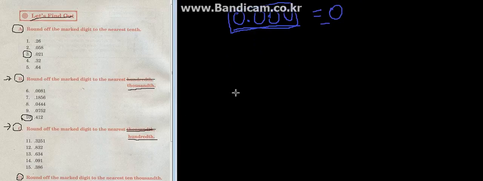For number 10, we have 412 thousandths, and we have to round off to the nearest thousandth. So at the thousandths place, we have a 2. So 2 will be the marked digit.